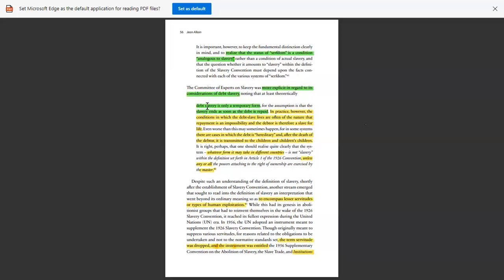So debt slavery is only a temporary form where, in effect, they think that your slavery ends as soon as the debt is repaid. So that's why they don't want to get into debt slavery being some form of slavery, because theoretically it's going to end. But in practice, the conditions in which the debt slave lives are often of the nature that repayment is an impossibility, and the debtor is therefore a slave for life.